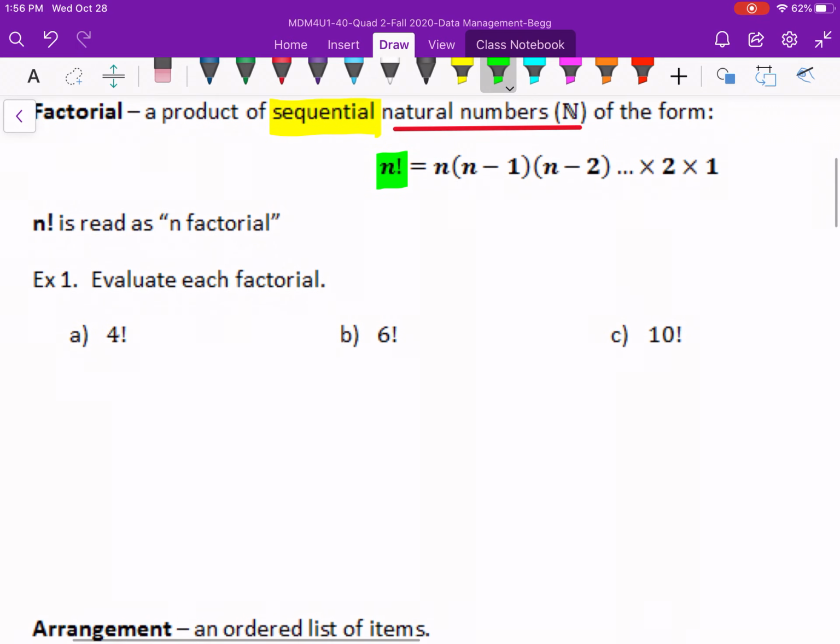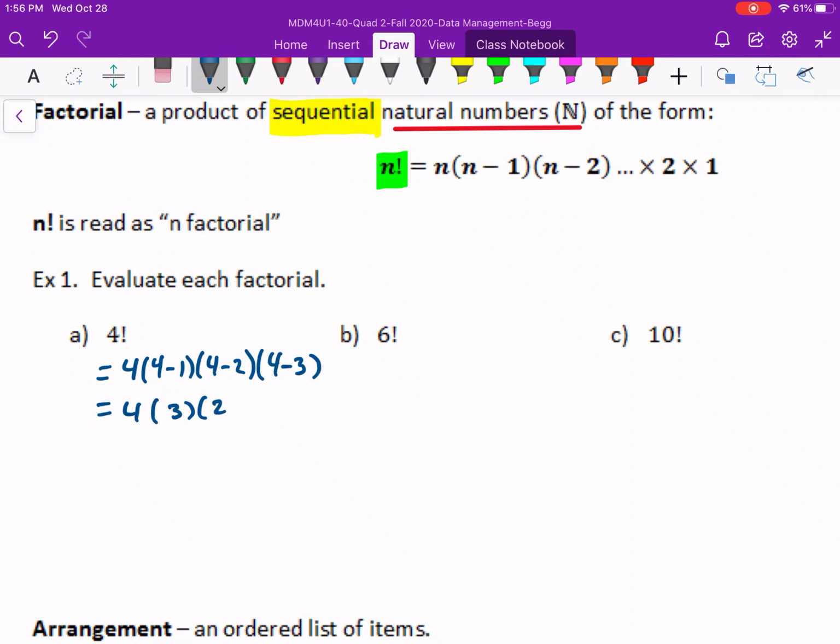So 4 factorial, using this formula up above, means start at 4, then multiply it by 4 minus 1, and then multiply it by 4 minus 2, and then multiply it by 4 minus 3, which is the same as 4 times 3 times 2 times 1.